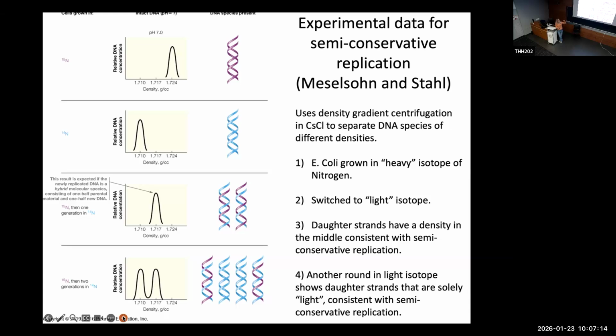The DNA is going to move through the tube until it migrates to the same density as whatever the cesium is at that location. So it migrates through until it reaches a point where it's the exact same density as the cesium.